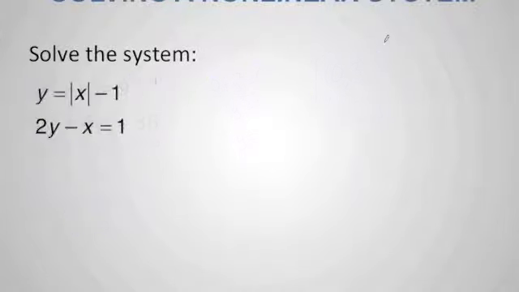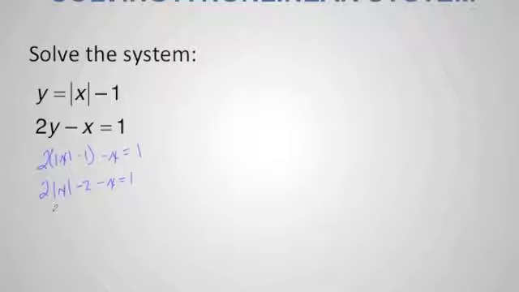Now here we have an absolute value. And what I'm going to do, since I have a y equals, I'm just going to substitute that in. So 2 times the absolute value of x minus 1 minus x equals 1. So 2 times the absolute value of x, minus 2, minus x equals 1.